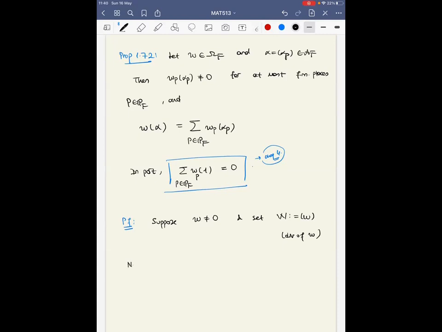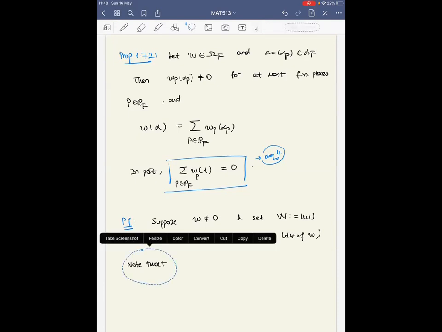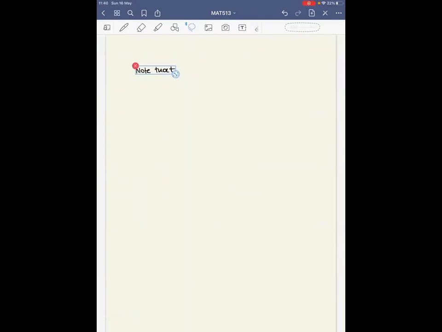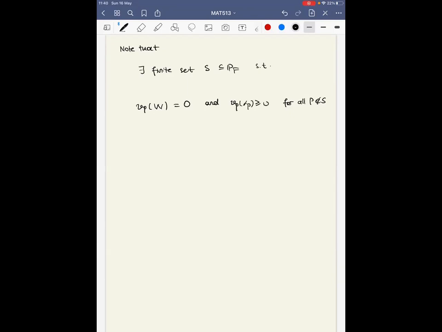First we want to note that there exists a finite set of places such that whenever we consider a place outside of this collection, the valuation of omega, so the coefficient of the divisor of omega at place P, is going to be 0, and v_p of alpha_p is positive.